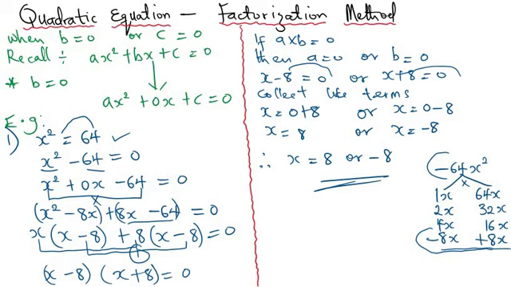Now let's go down to when c is equal to 0. So our general form will be like this: ax squared plus bx plus 0 equal to 0.